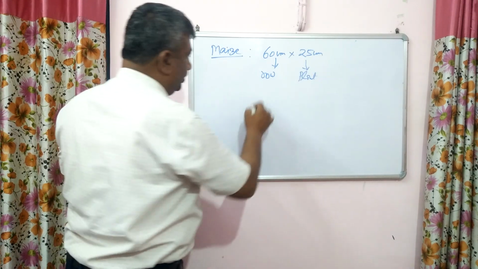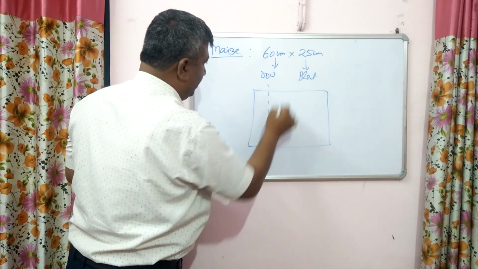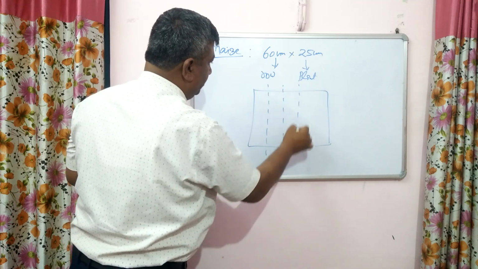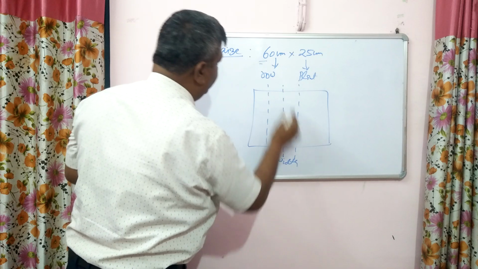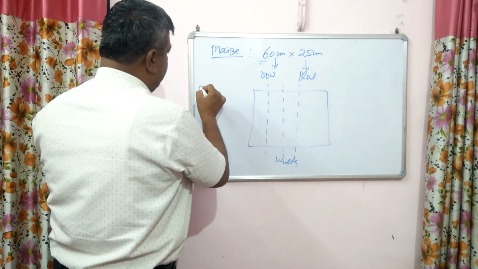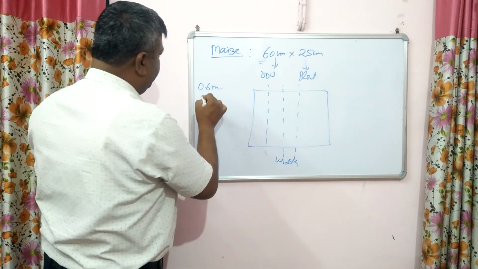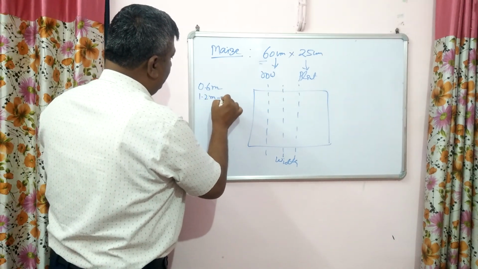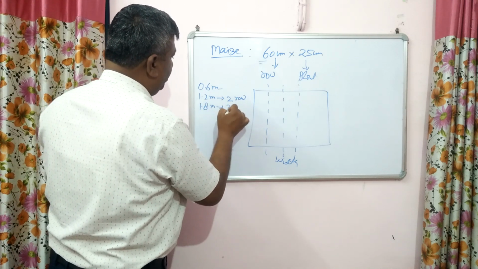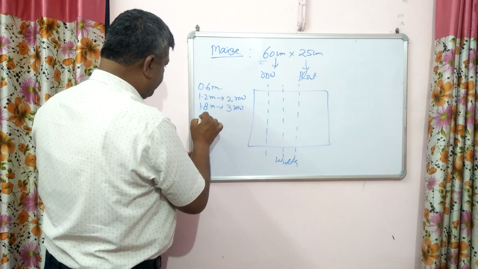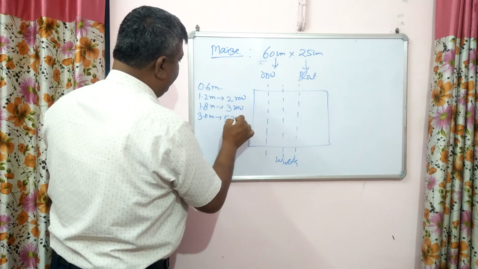So it means this is the plot and we have to sow the crop in this manner, rows in this direction. So this width should be a multiple of this 60 centimeters. 60 centimeters means 0.6 meter. So a multiple of 0.6 meter means 1.2 meters, which is 2 rows only. If we keep 1.8 meters, then only 3 rows. If it is 3 meters, then we can adjust 5 rows.